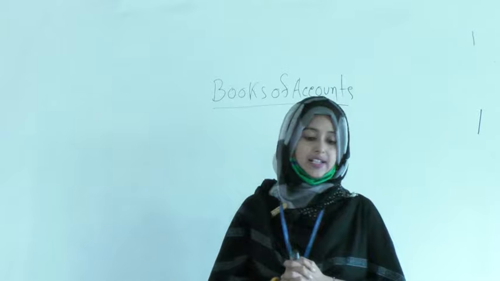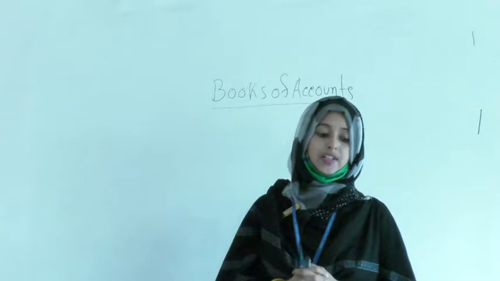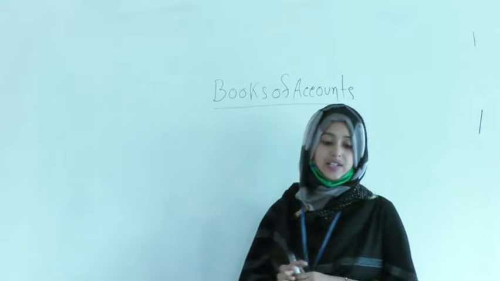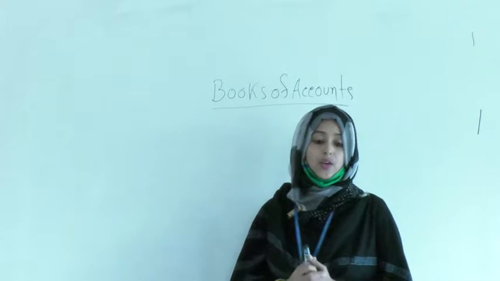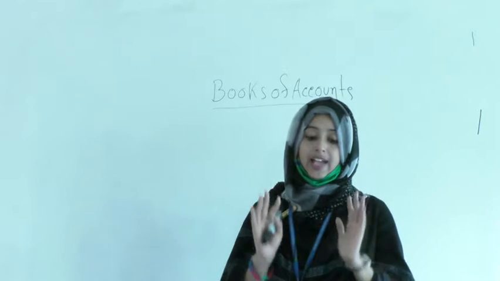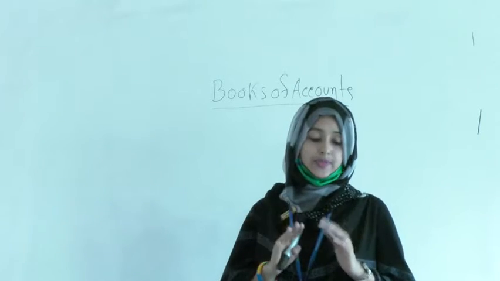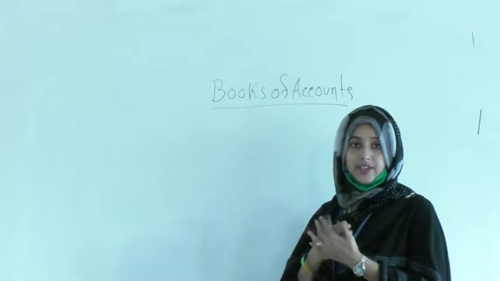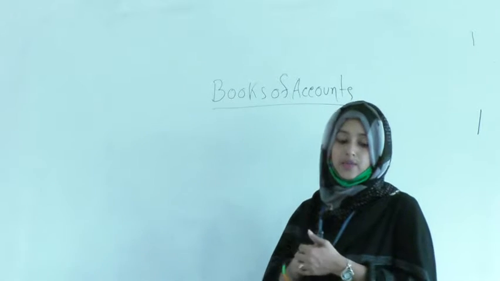Now I will discuss the concept of journal. What is called journal? After the transactions occur, we have to record all the details as quickly as possible, and the details of the transactions are recorded at first in the journal.